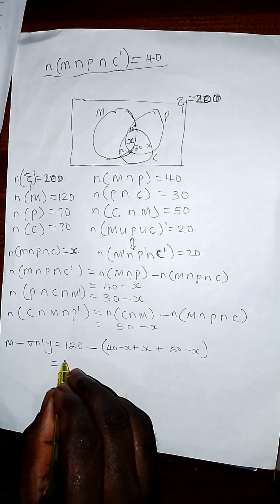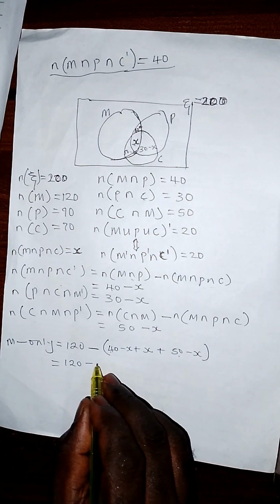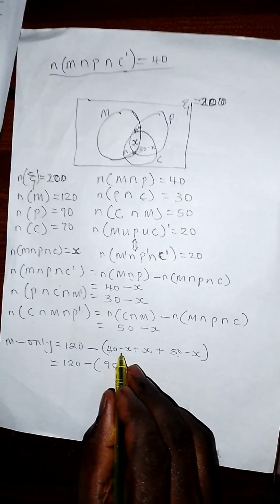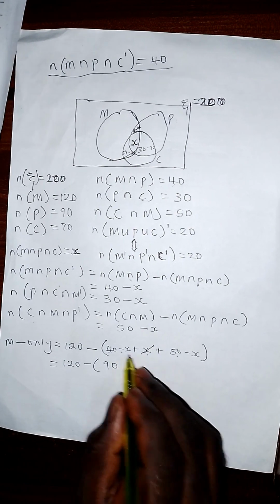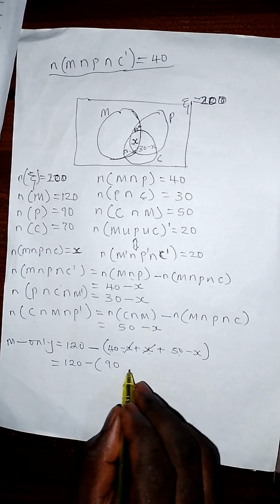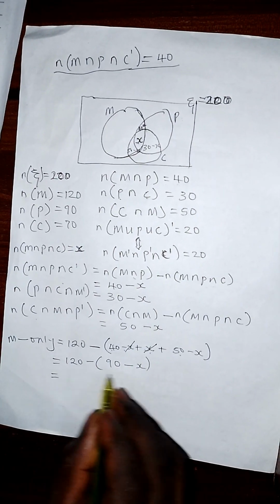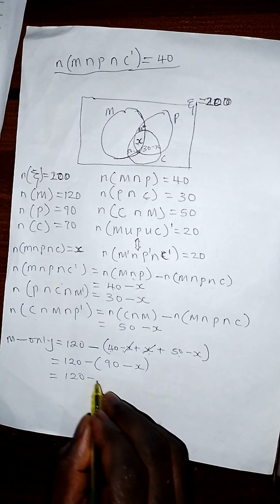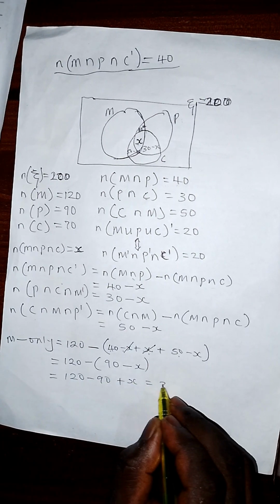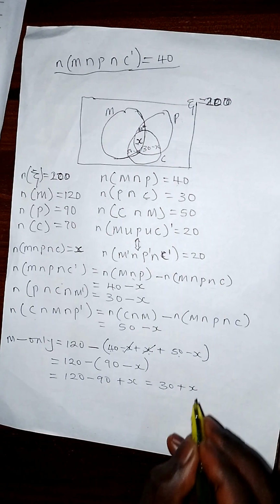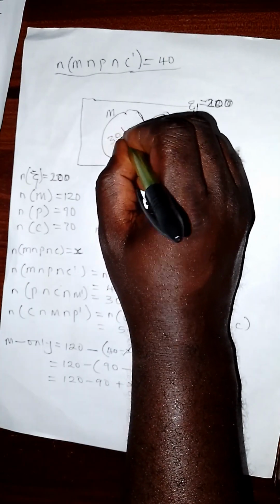Many students do not understand this part. So add this together now. That's 90 minus X, and this will give you 120 minus 90 plus X, and that is 30 plus X. So the number that offer mathematics only is 30 plus X.